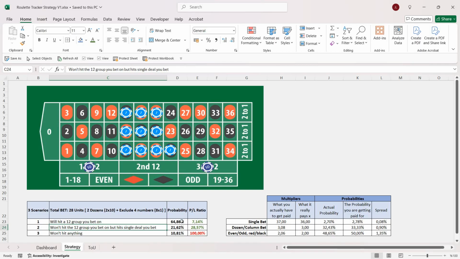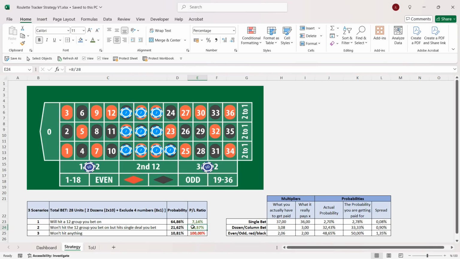The probability of this, not only the number 13, but also the numbers that we bet on, let's say we didn't play on 19, 20, 21, 23, and 24, is nearly 21.5%.